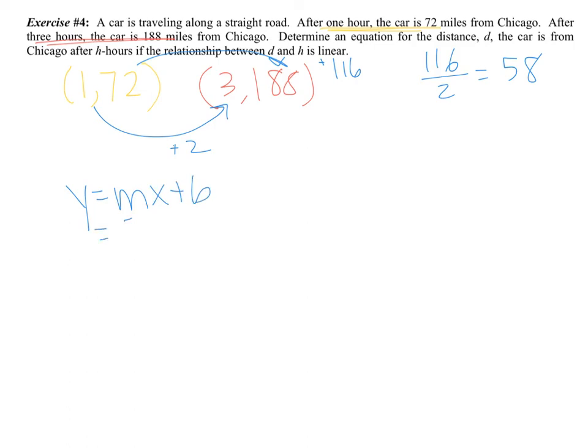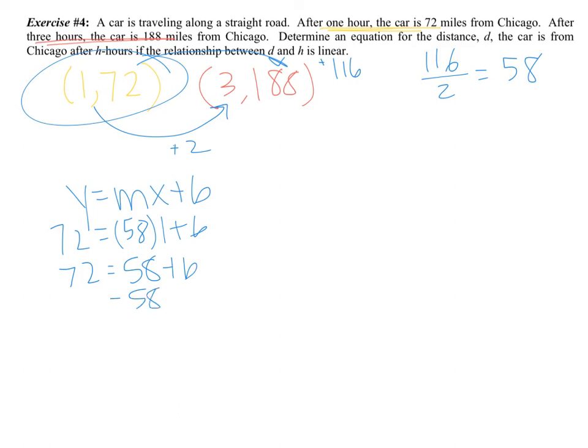So y equals mx plus b. We are plugging in 58 for our m. And let's use this one. So 1 for the x, 72 for the y, plus b. 72 equals 58 plus b. Subtract 58 from both sides, and b equals 14.